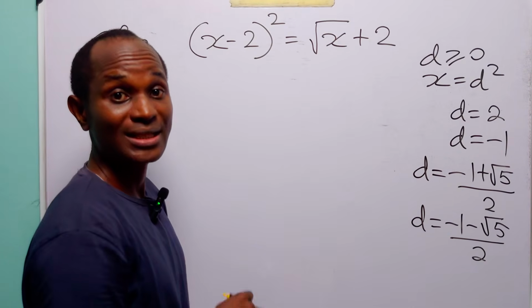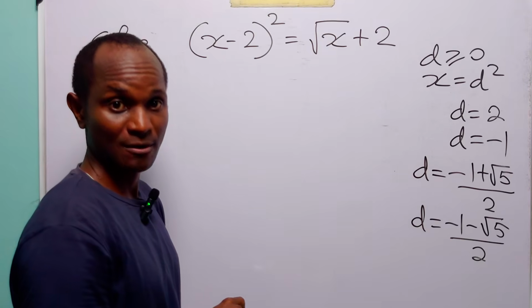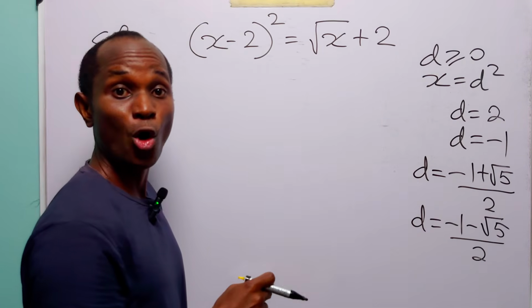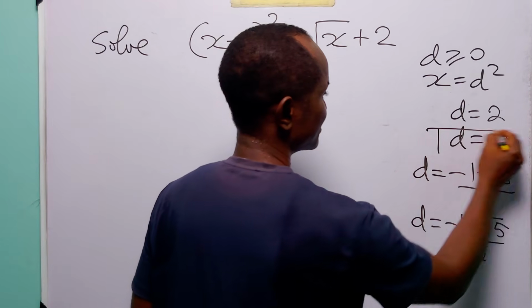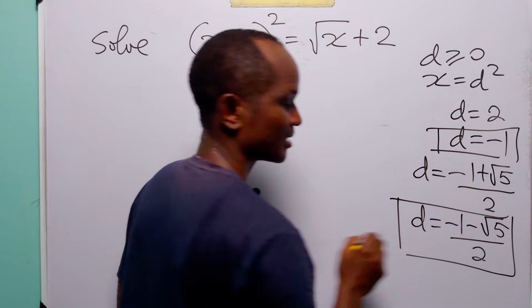Now that we have calculated all the values of d, let us do our elimination process. Now you know that d must be greater than or equal to 0. So that eliminates this, and that also eliminates this.